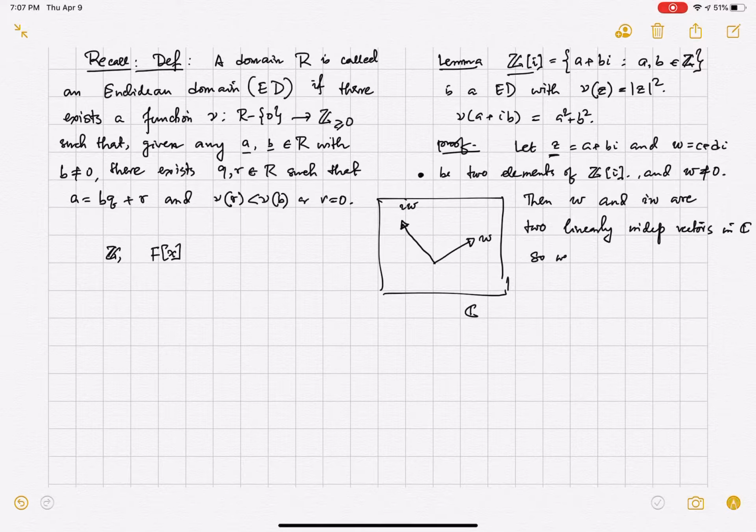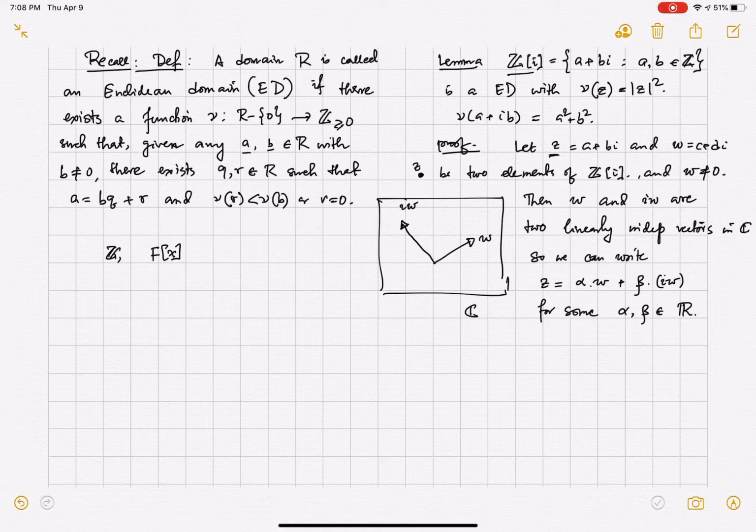So we can write z as some real number times w plus some other real number times iw, for some alpha, beta in R. In fact, alpha and beta would lie in the rational numbers, but this is good enough.